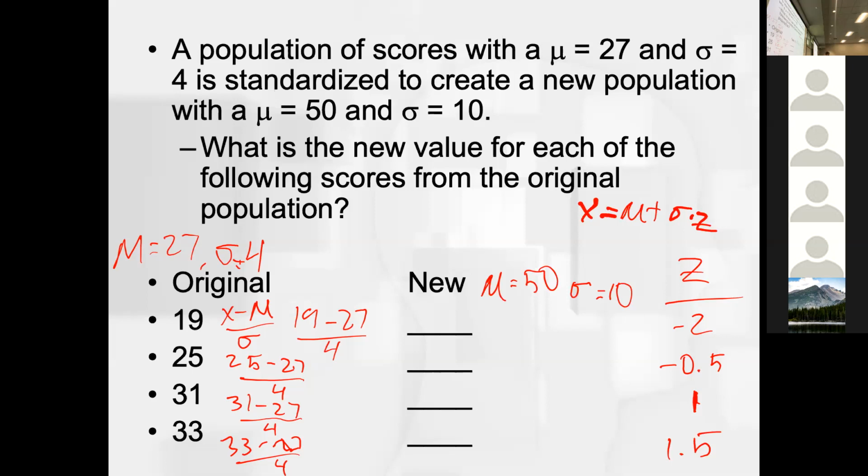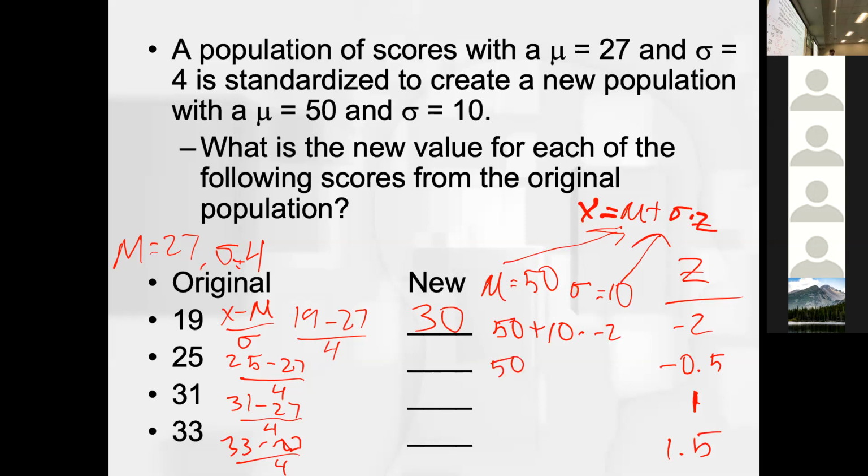So for each one of these scores, we're just going to plug those new desired values into this equation. So our new x is going to be 50 plus 10 times negative 2, or 50 minus 20, which gives us 30.